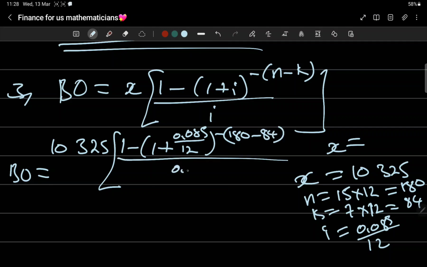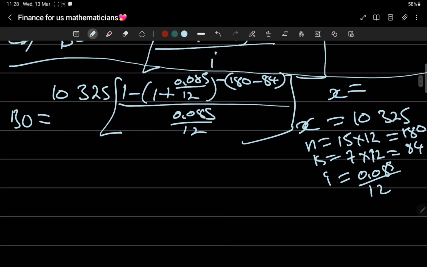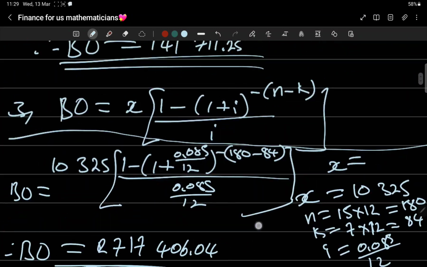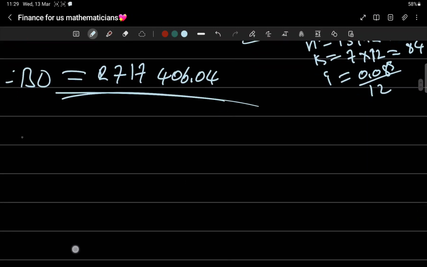And then i is 0.085 over 12. Everything is in brackets. Then you press everything on your calculator, and you get 707,406.04. Then this was number 3, so we're doing the last one, number 4.